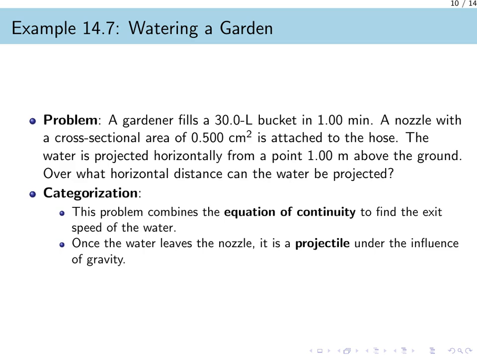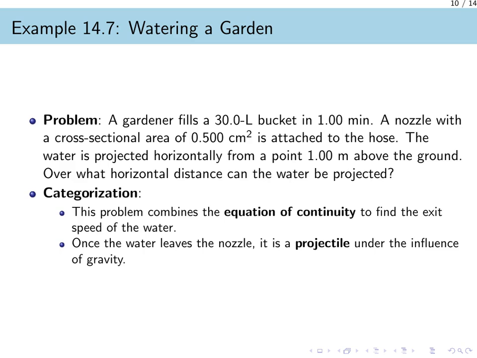We are given the volume flow rate, which is the volume of water that passes a point per unit of time, and the cross-sectional area of the nozzle. Using the equation of continuity, we can calculate the speed at which the water exits the nozzle. This exit speed will become the initial velocity for the second part of our analysis.